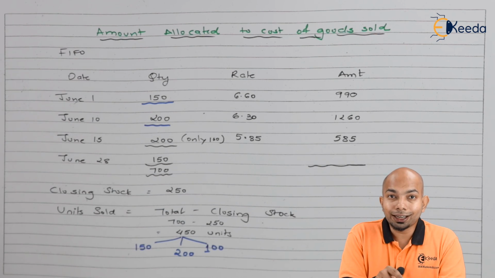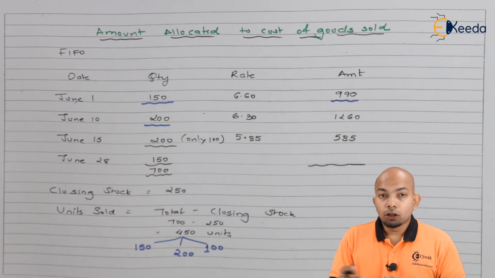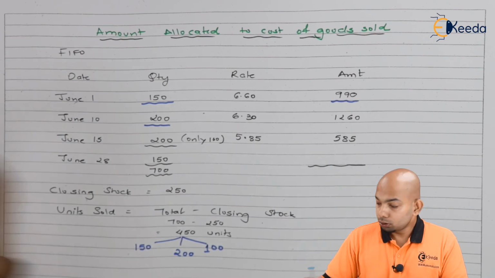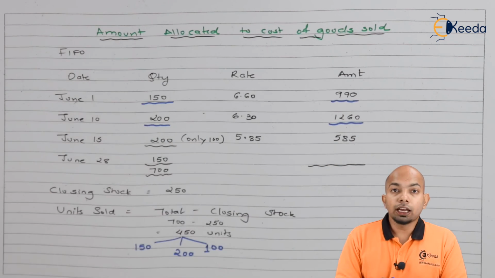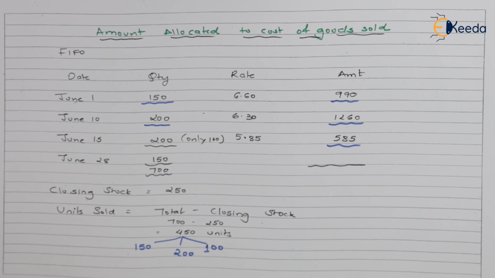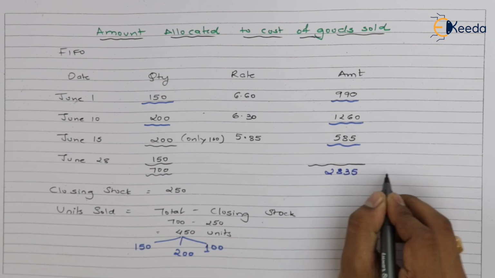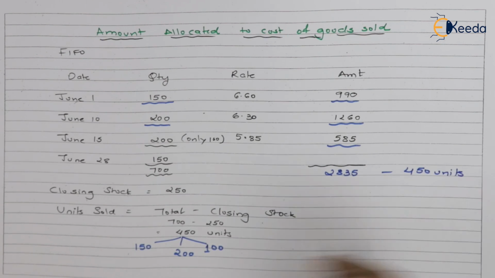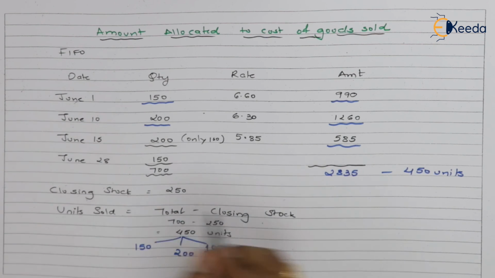For the first one it is 990. For the second one it is 1260. And for the third one it is 585. Let's calculate the total of all this. So the value of all the cost is 2835 for 450 units.